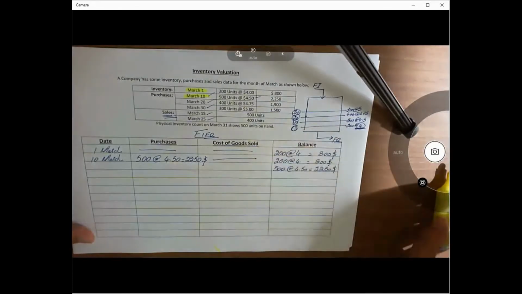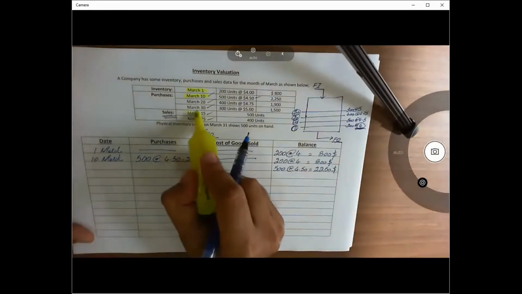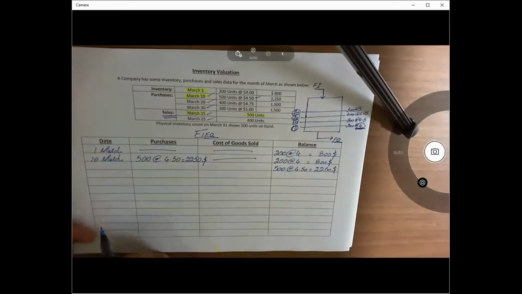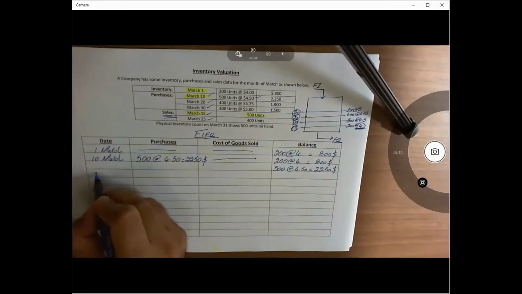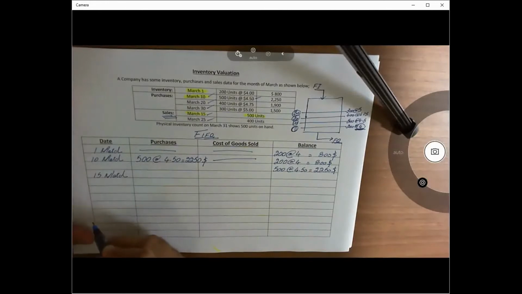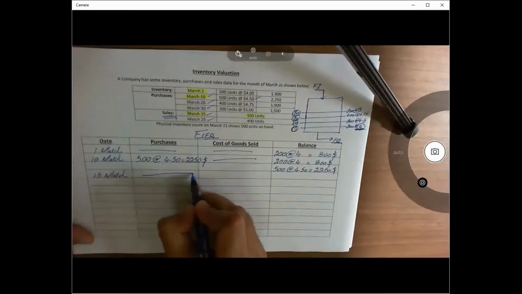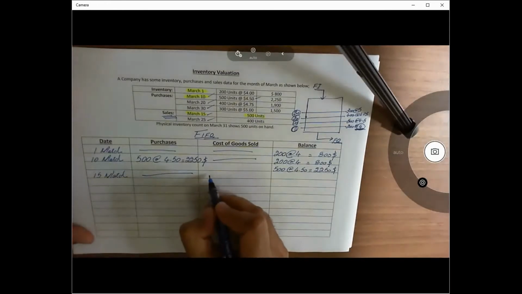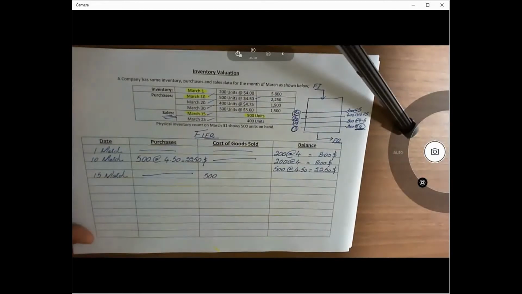Then after 10th of March comes 15th of March. On 15th of March, we are selling 500 units. So we will write over here 15th of March. We are not purchasing, so we will leave it blank over here. And then on 15th of March, we are selling 500 units. Now, the problem comes at this point when we sell something.